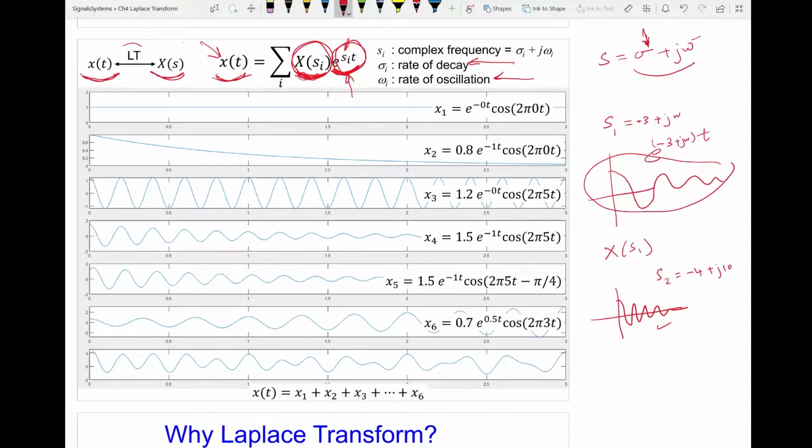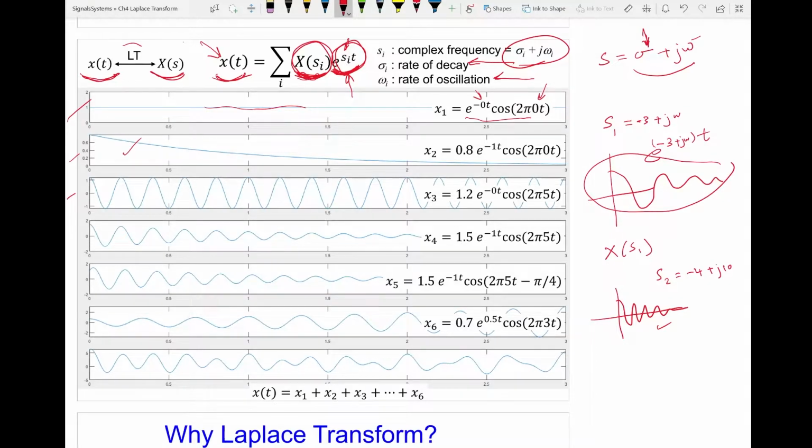Here the frequency is complex. It's not just oscillation. It has oscillation and decay. If we look at these different signals here, for example, this is just a DC 1. So you can think of it as sigma is 0, omega is 0. This just gives you 1, which is a DC.